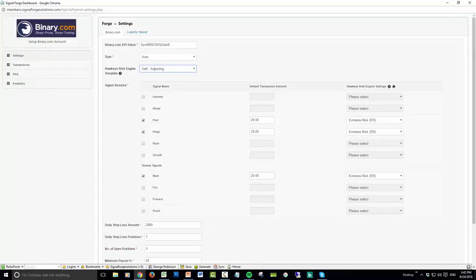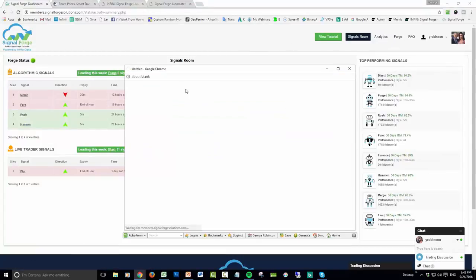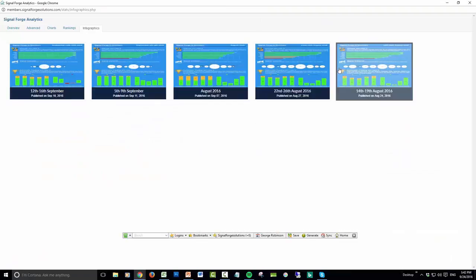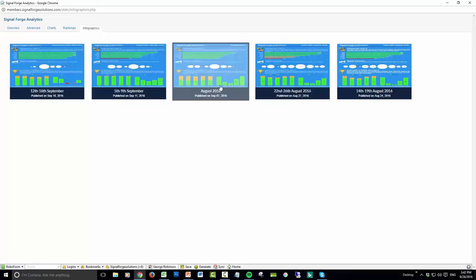But if you look under analytics here and infographics, the last tab in here, you will see we have some documents here with the results based on those preset systems. They started from August, so you've got weekly ones, but they've also got monthly ones.